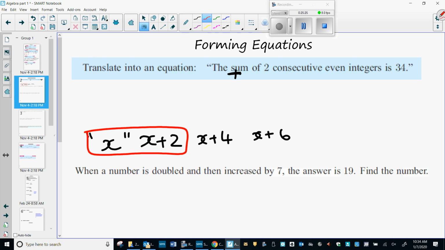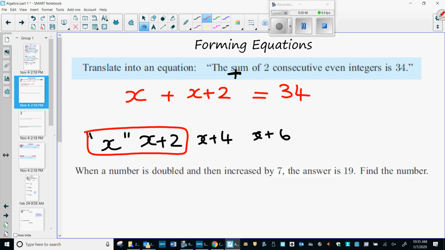So I would then say x plus x plus 2 is equal to 34. Are you all happy with that? x was my first number, plus x plus 2 is my second number, is equal to 34.